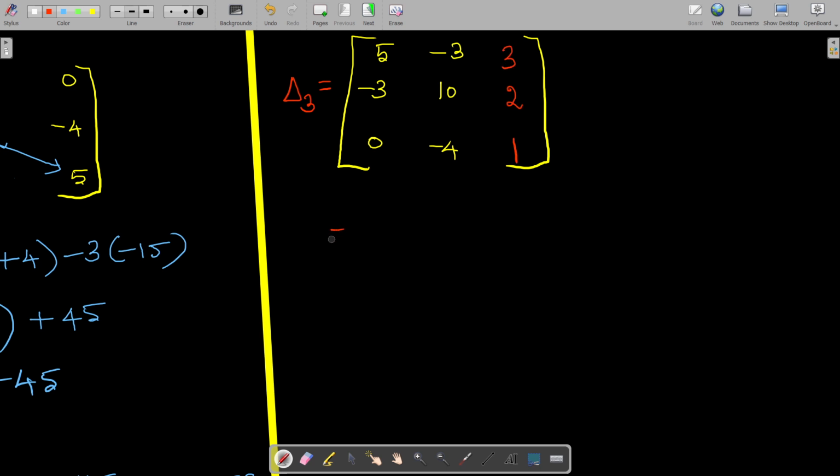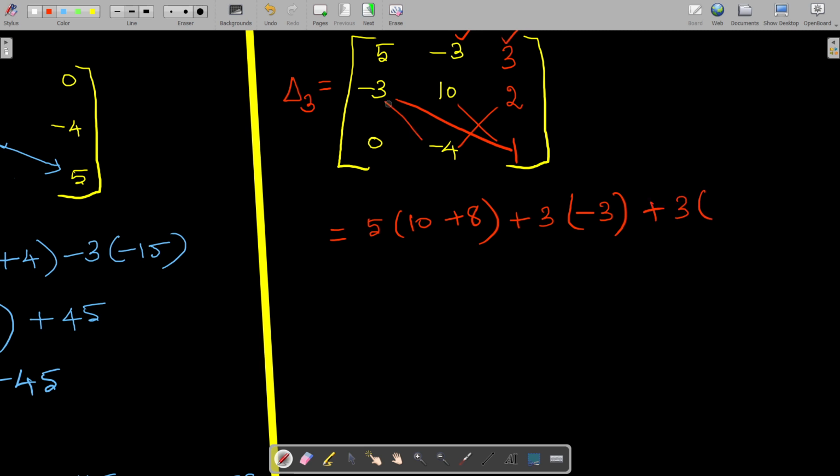So del 3 is equal to 5 into 10 minus of minus, plus this 8, then plus minus of minus 3, it is plus 3 from here, multiplied by 3 into 1 minus 3 into 1, so minus 3, then this is 0, then this 3 into this is plus 12 minus 0.